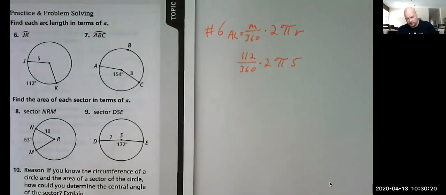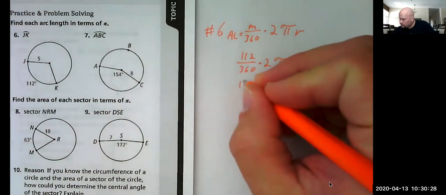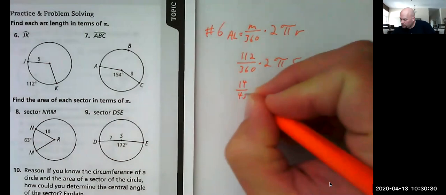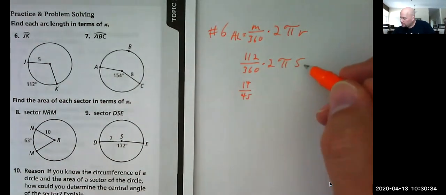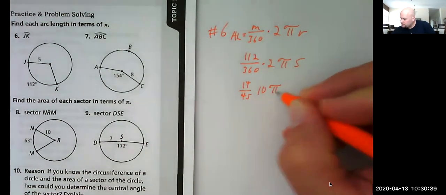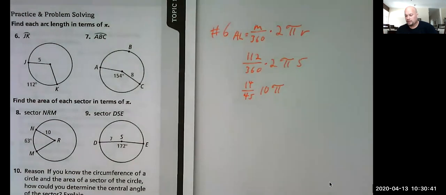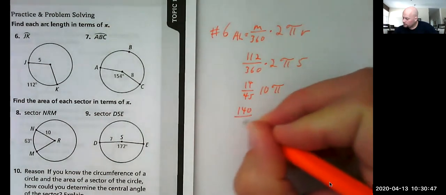I'm not sure if that's going to reduce nicely. 112 divided by 360 is, the most it will reduce down to is 14 out of 45. Then we have 2 pi and 5, so we can do 2 times 5, which is 10. So now let's go ahead and multiply. So 14 times 10, that's going to be 140 over 45.